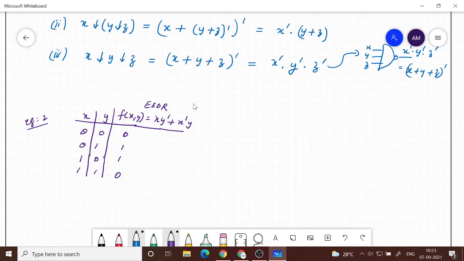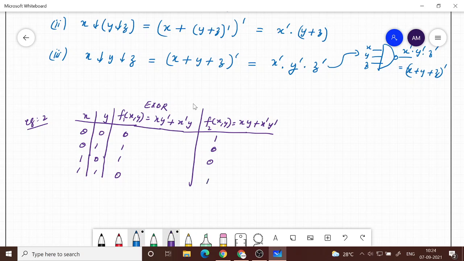A complement of this f is called, so this one f1 and f2, we call it as x dot y plus x complement y complement. So this is just a complement of this, and in this case you have just inversion of this previous output.